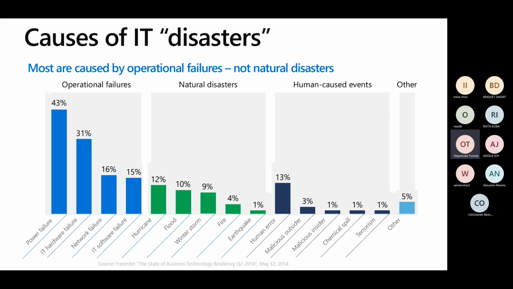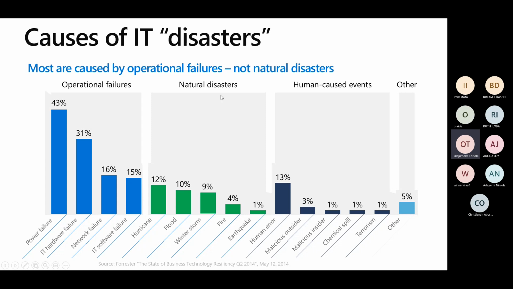Those are things like your switches, your routers, and your cables. If there is any form of failure with them, then you can have an IT disaster. What about software? What happens if your software is corrupted or crashes? These are operational failures that can have an impact on IT disaster.